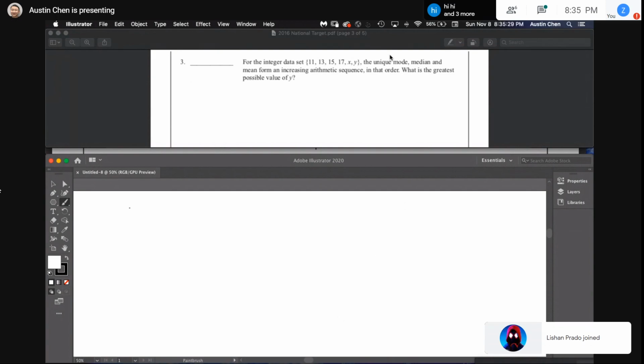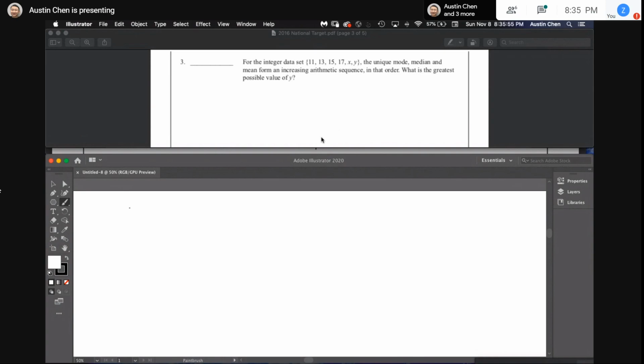So what does that mean? That means we want to try to minimize the mode, right? Because they form an increasing arithmetic sequence, if we minimize the mode, we can get the greatest mean we can get. So we can do that by making the mode 11.